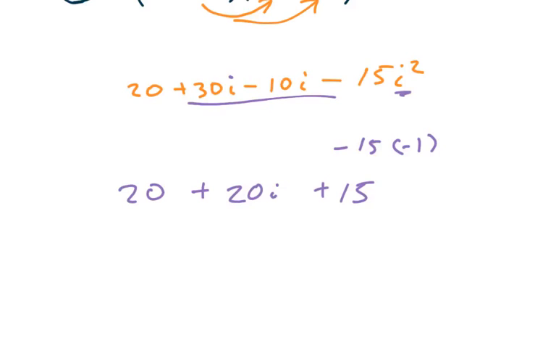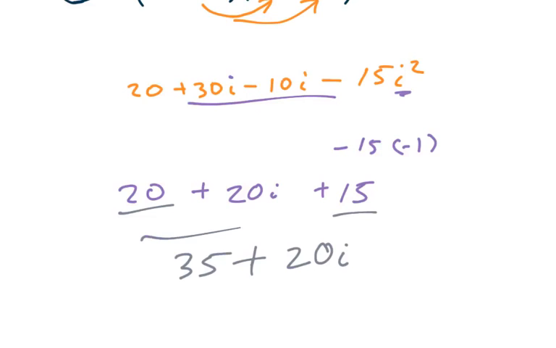And so as we continue, we can put 20 and 15 together, and we get 35. So we're left with 35 plus 20i. And there's my final answer.